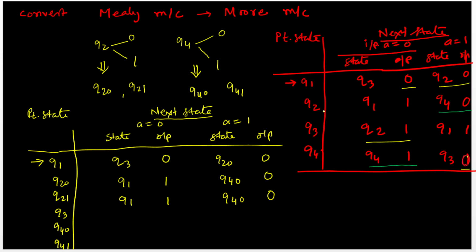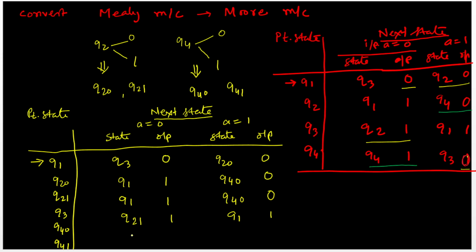In case of Q2 1, it will remain the same, Q1, and output is 0, and Q4 0 and output is 0. Now Q3: in that case Q2, so Q2 is the newly stated state, so we can write Q2 1 because the output associated is 1, so output is 1, and here Q1 and 0, 1.